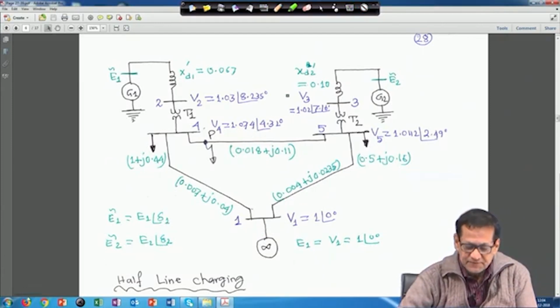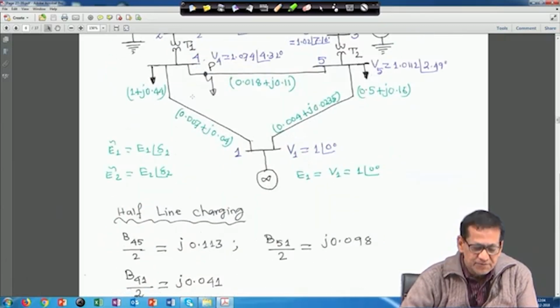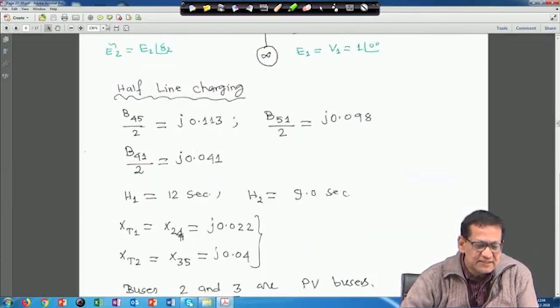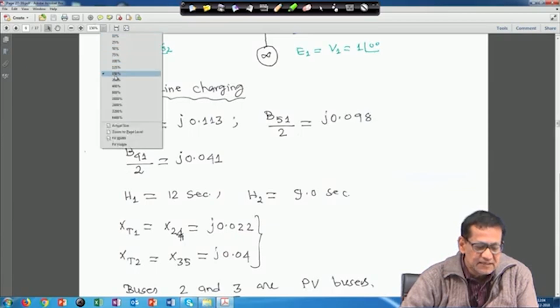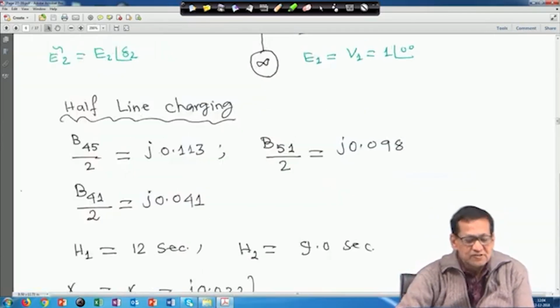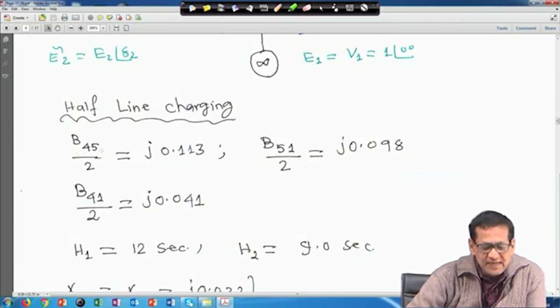So, if we come back to the other data, half line charging, all the line charging is given.